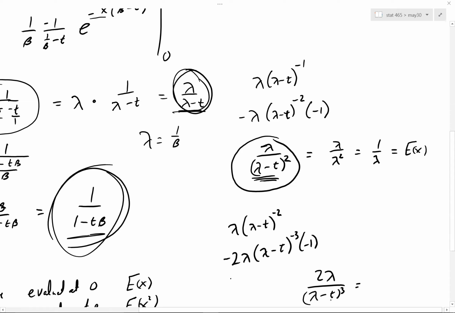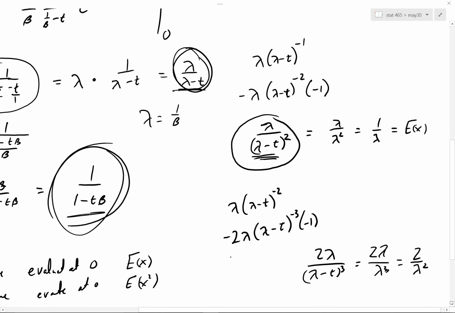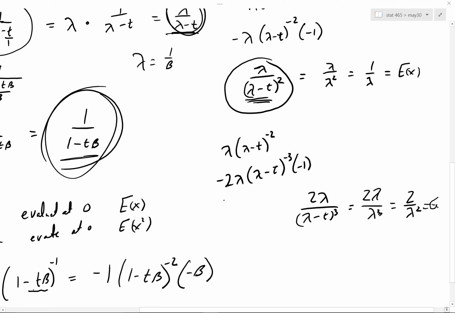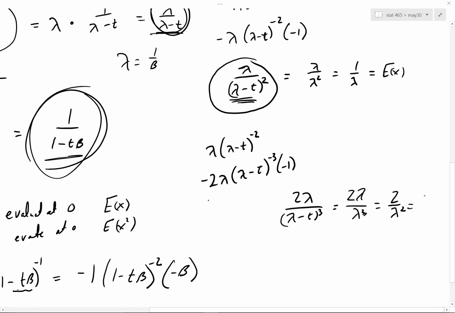If you evaluate at t equals 0, you get 2 lambda over lambda cubed, which is 2 over lambda squared, which is, in fact, the variance. Oh, it's not the variance. That is, if you will, the second moment. It's E of X squared.